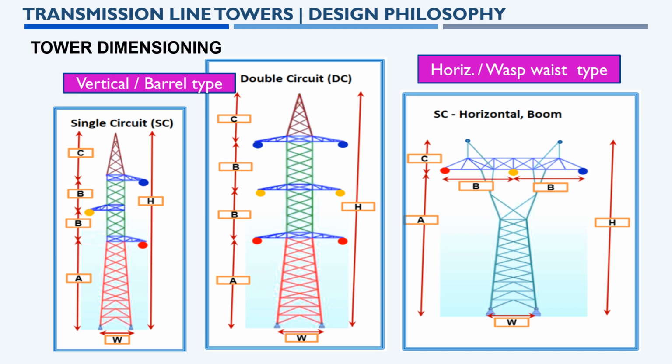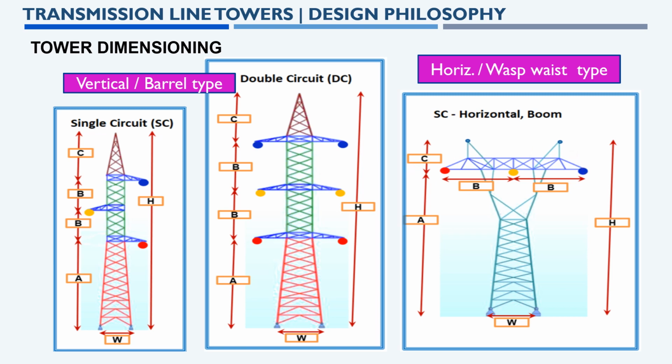On the left-hand side you can see a single circuit tower, vertical barrel. This one is a double circuit vertical barrel type. And the third one, the right-hand side picture, is a single circuit horizontal boom, so it has the boom.